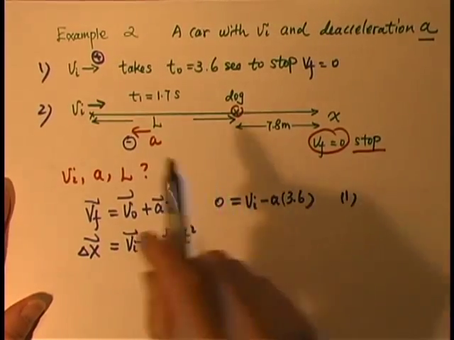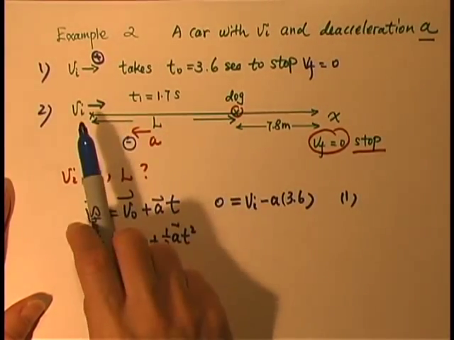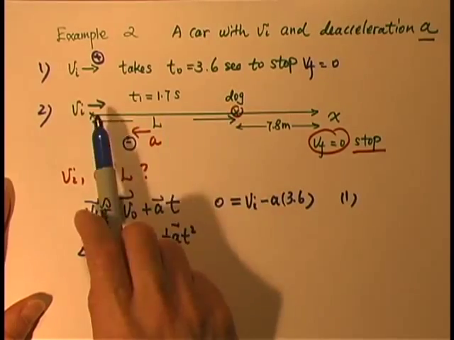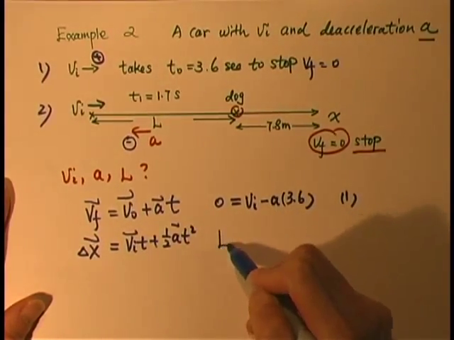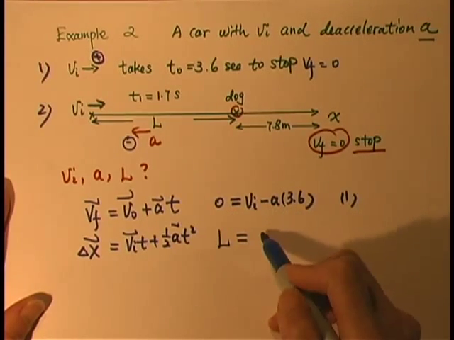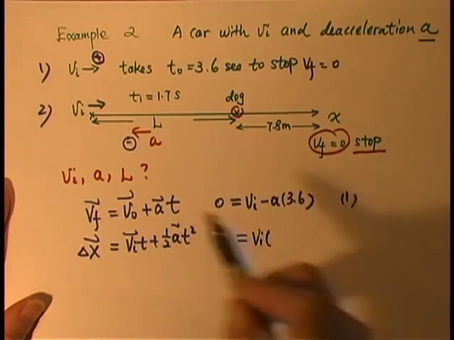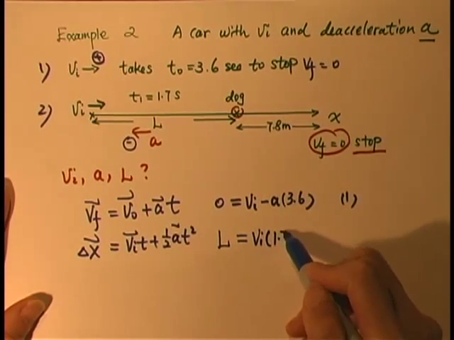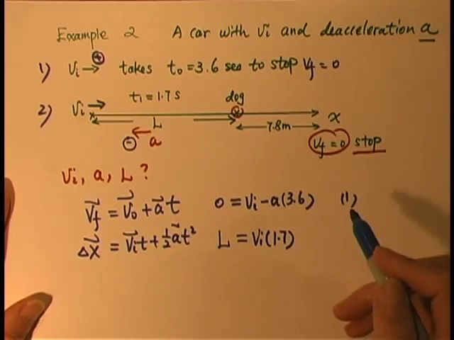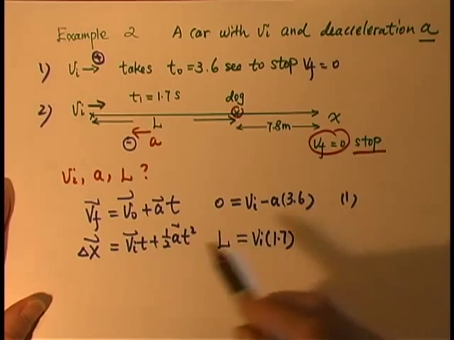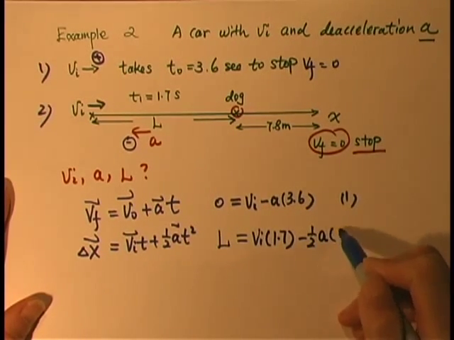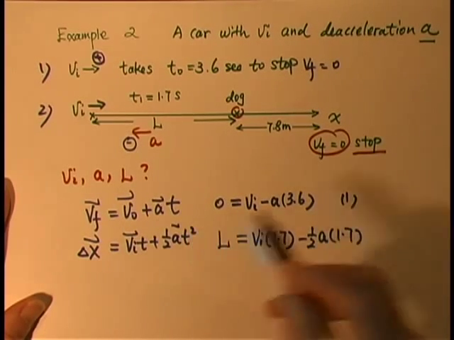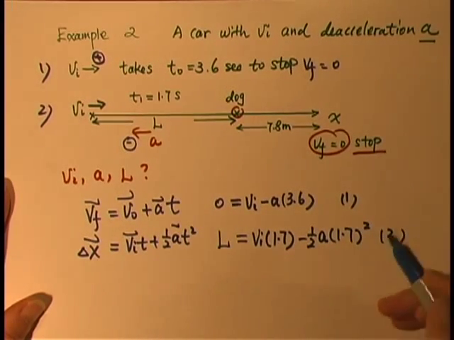So delta x is the change of position, and obviously our change of position is positive L. Initial velocity is the same initial. T this time is 1.7 seconds. And we apply the deceleration. A is negative, so it's negative 1/2 a, and t again 1.7. And don't forget about this squared. That's equation number 2.